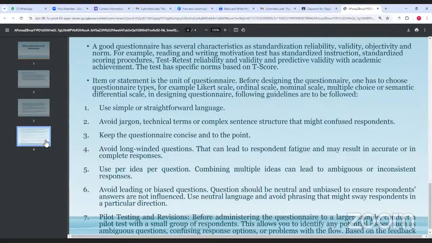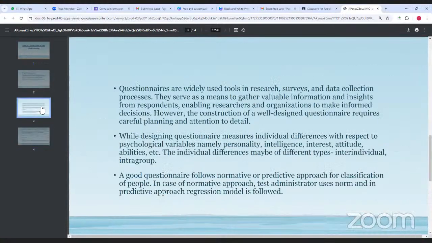And the predictive approach does not follow this. The normative approach I have told you, and in the predictive approach we ask whether the attitude towards the hospital is related to the hospital effectiveness. That means the patients' quality of life, nurses' quality of life, and the doctors' quality of life.